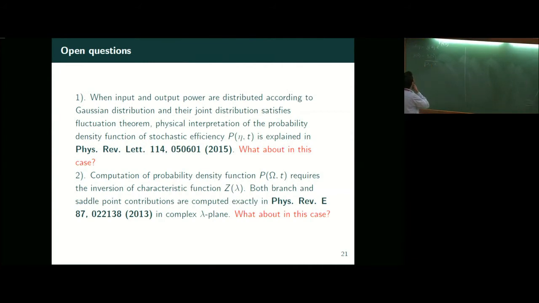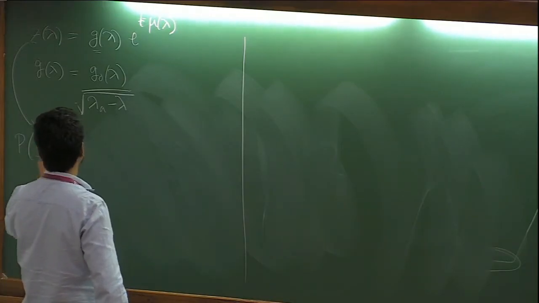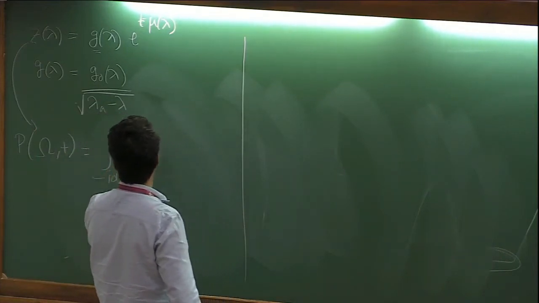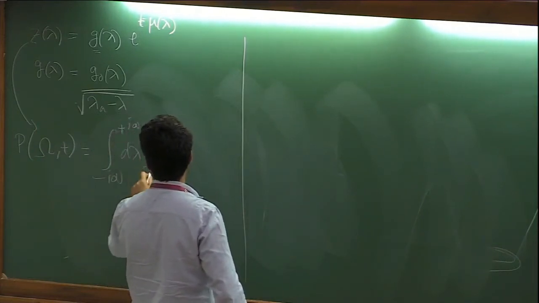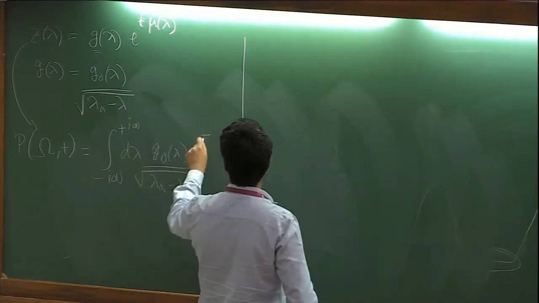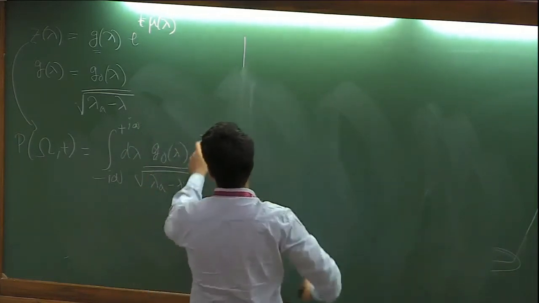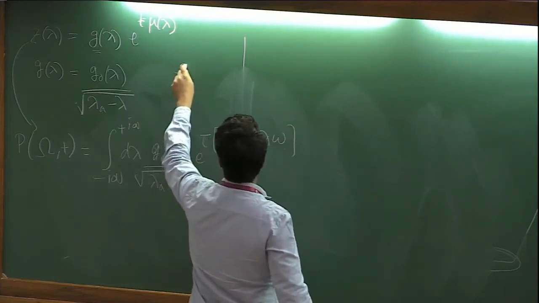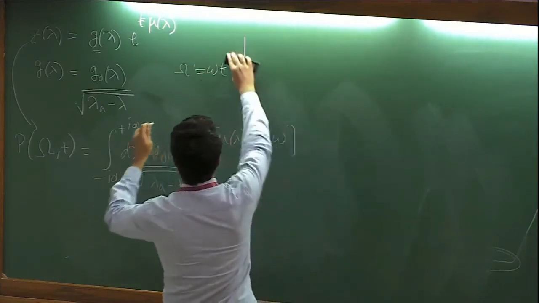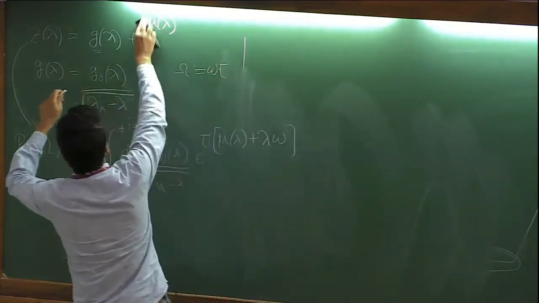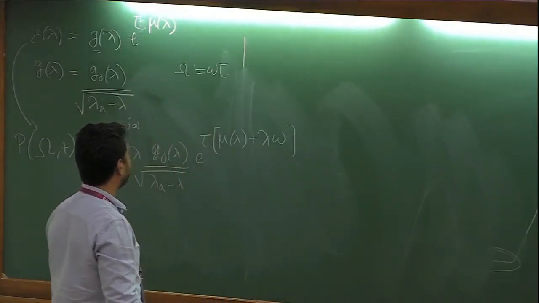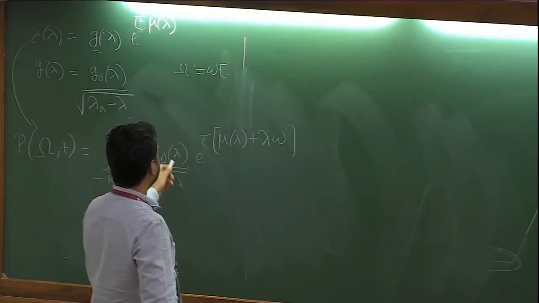If I have to invert that characteristic function using the inverse Fourier transform, then if this singularity is not there for some specific value of the parameter, I can perform saddle point integration.